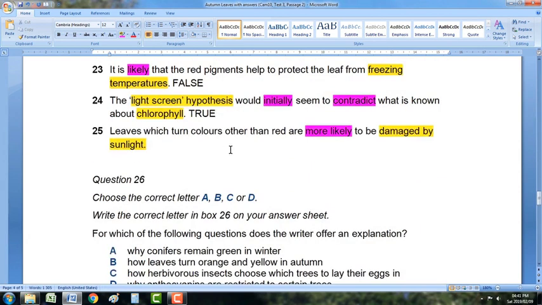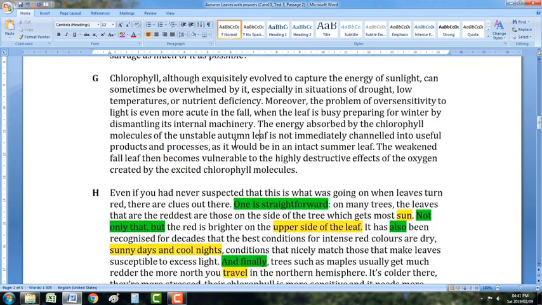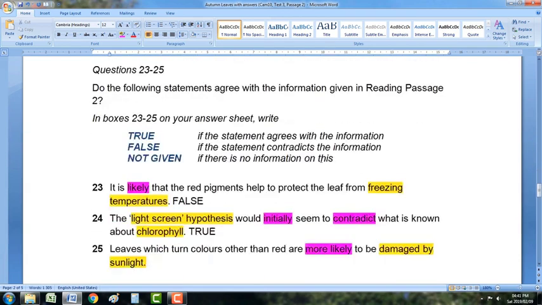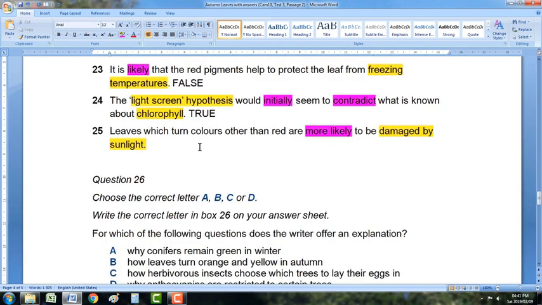Where is damaged by sunlight? I see highly destructive effects. That's maybe the damage, but that's oxygen. So they don't explicitly say that these other leaves are more likely to be damaged, so it's not given. But that one I wouldn't waste too much time on, because it was 99% going to be not given.